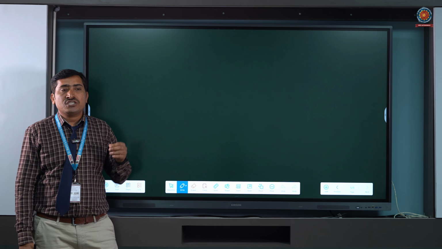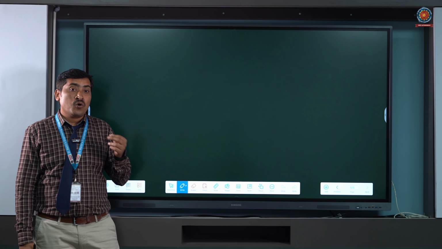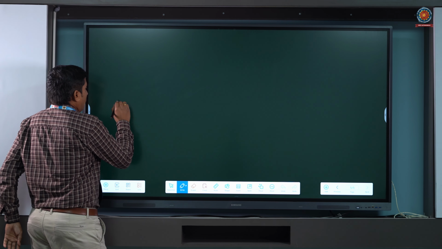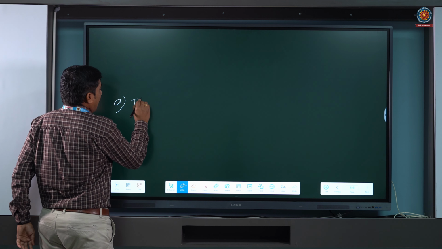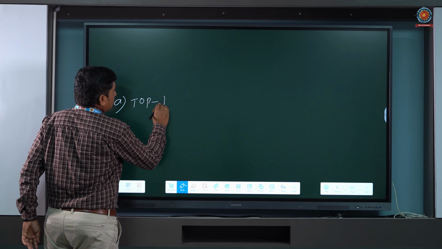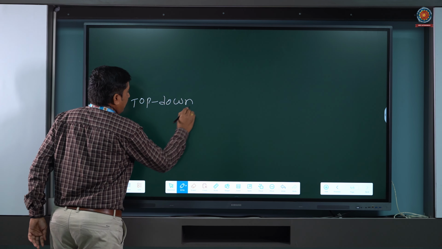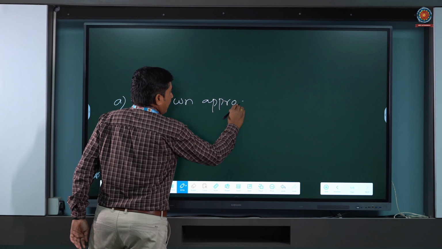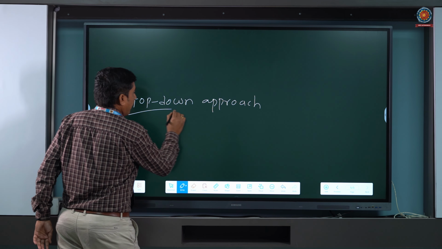The fabrication of nanomaterials has two main techniques. The first technique is the top-down approach, a technique to prepare our material in the nano range.